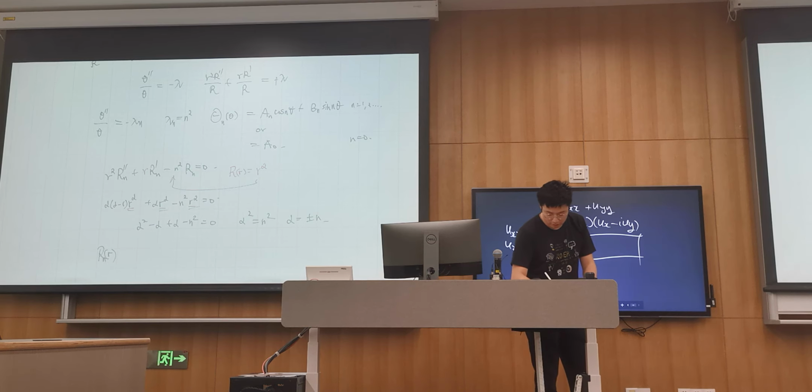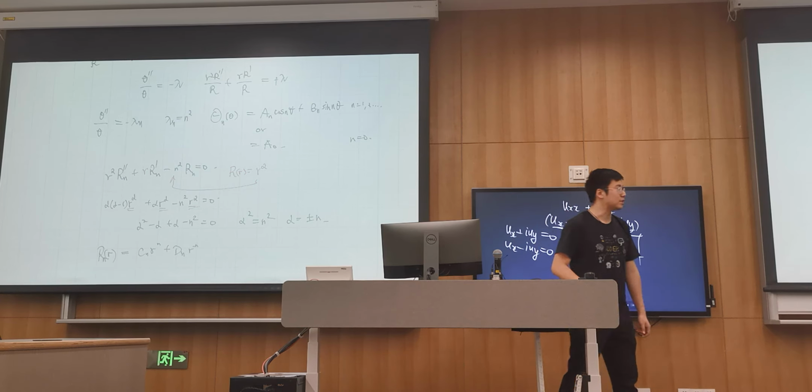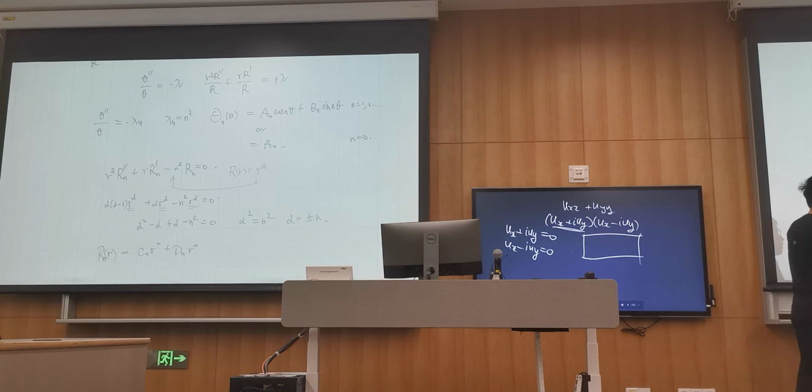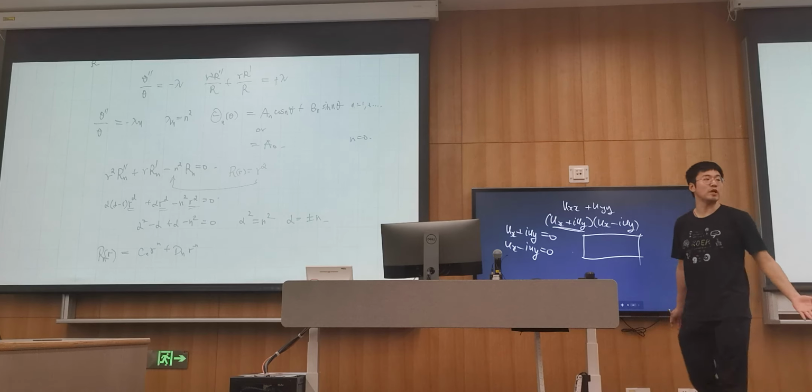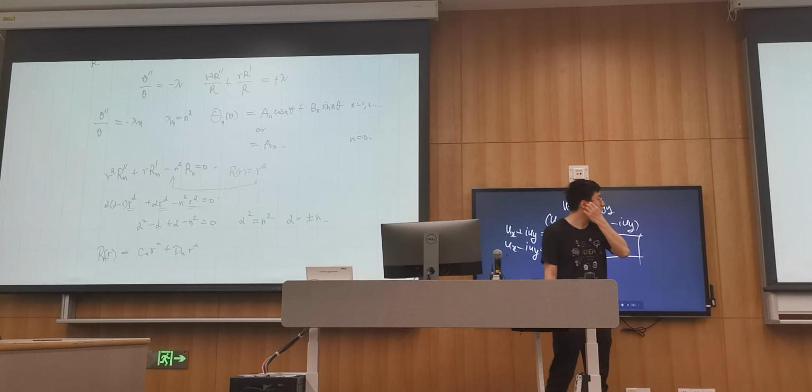Here my R n r actually equals C n r to the n times plus D n r to the negative n times. This is because both r to the n and r to the negative n are solutions to this equation, and since this is a linear ODE, we should take a linear combination of all the possible choices.